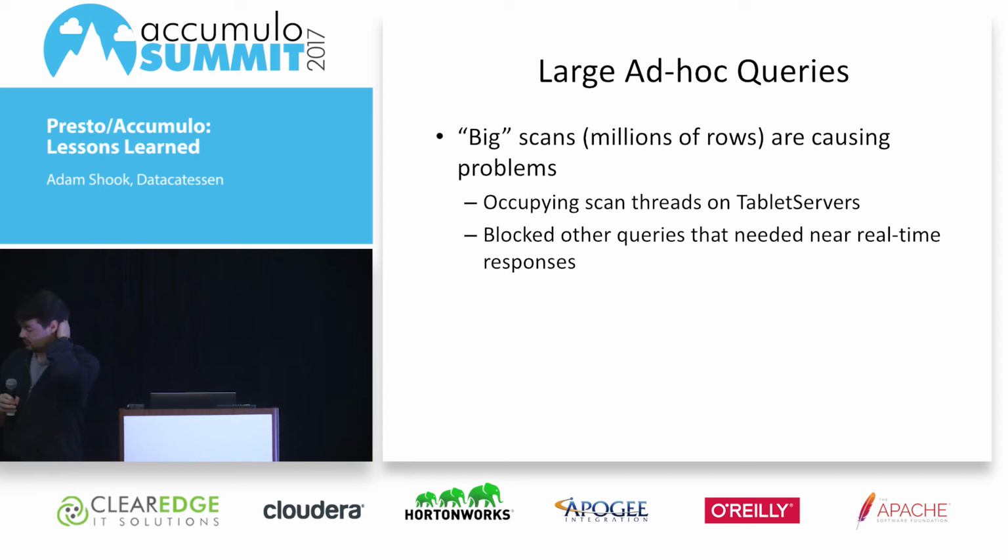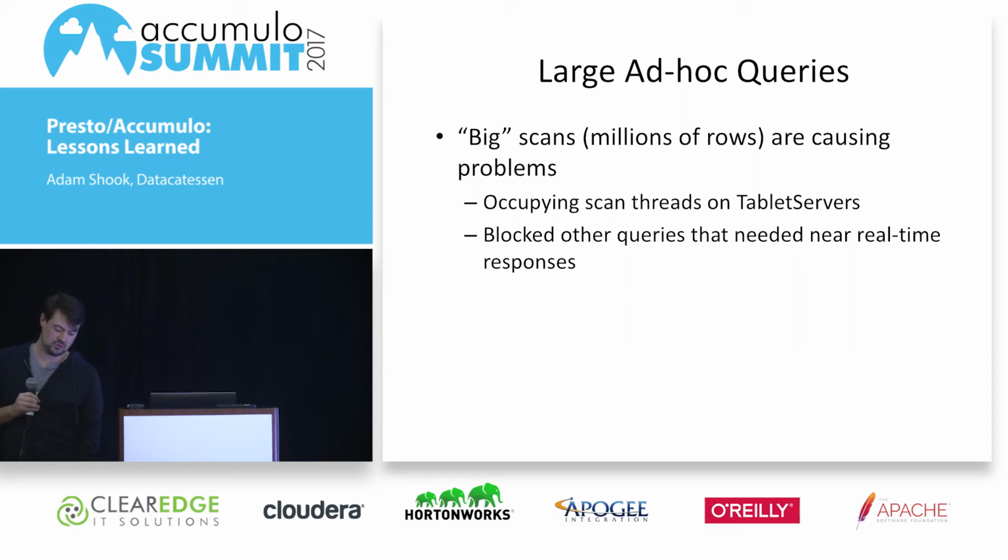The next thing, which is still a big problem today, is these large ad hoc queries. Most of the use case is done through that web application that's running and fetching hundreds, thousands of rows at a time, small amounts of data. But there's this one use case where they want to look at days or weeks of data, which is millions of rows inside the table.